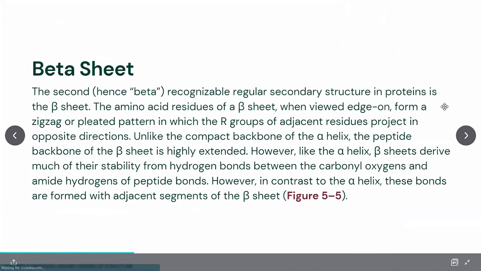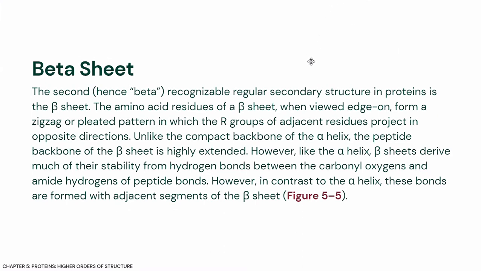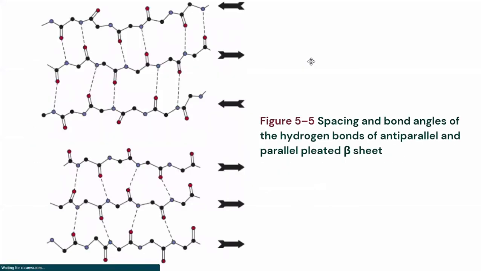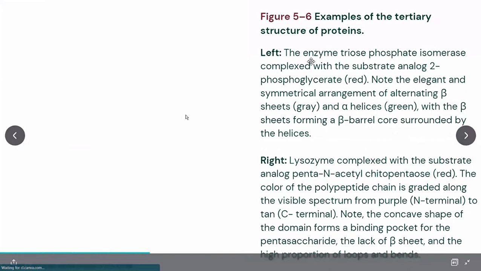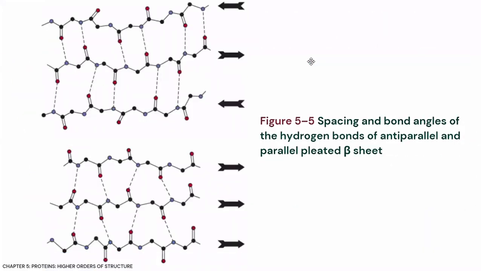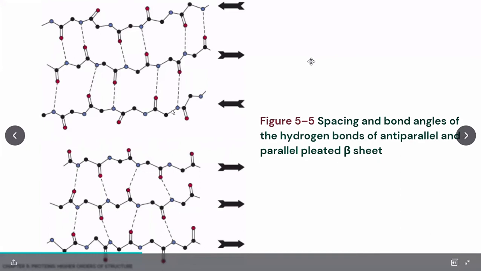Beta shape. So hydrogen bonds are being created in between polypeptide chains. One polypeptide chain and another polypeptide chain and another polypeptide chain. So they are hydrogen bonded. Or let us say this looks like this is one polypeptide chain going that way and then going this way.